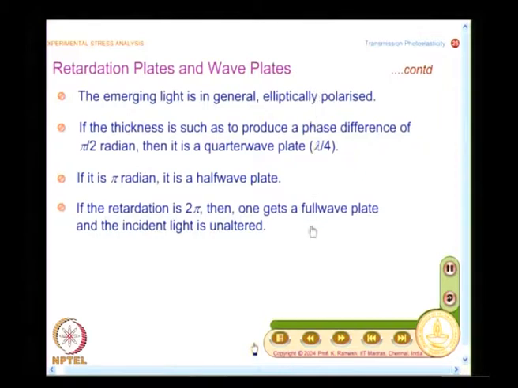Even before we go and find out the expression for delta, a clue is given and the sketch was also drawn that thickness is one parameter which I could play with to get different values of retardation. That is the simplest. When you look at the expression, it acquires retardation within the model.